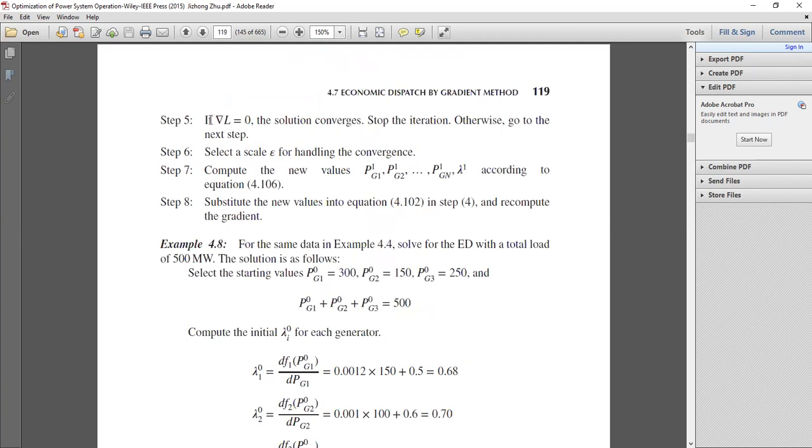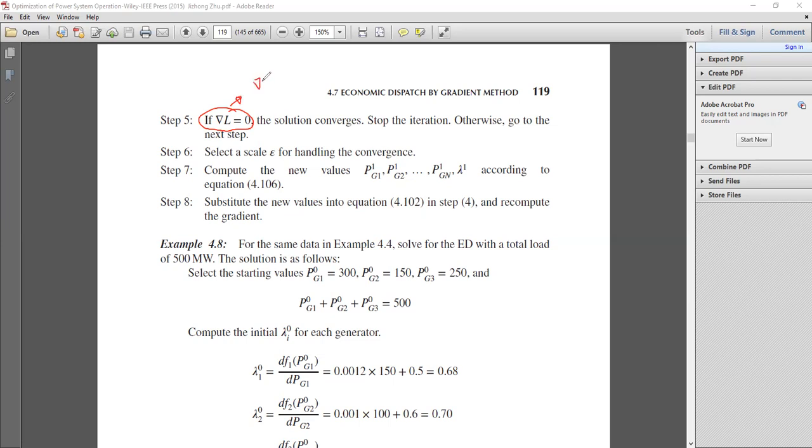So for running the algorithm, for running the code, we can take that del L is very small, without losing too much accuracy in our calculation.